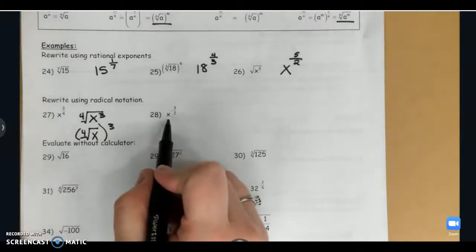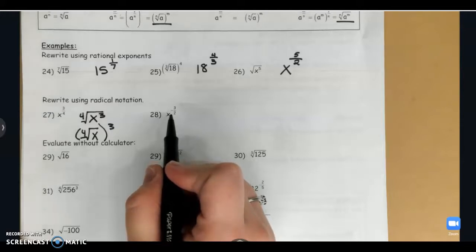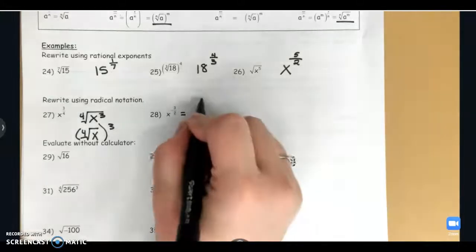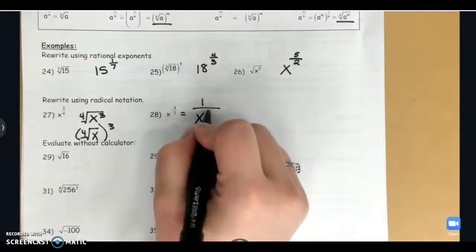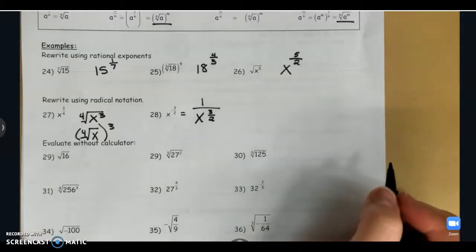Now with 28, we have a negative exponent. Before we write this in radical form, we need to make that have a positive exponent. Remember, for negative exponents, to make them positive, we move their location. So we're going to move this into the denominator. Now it's 1 over x to the 3/2 power. And now we're ready to write that as a radical.